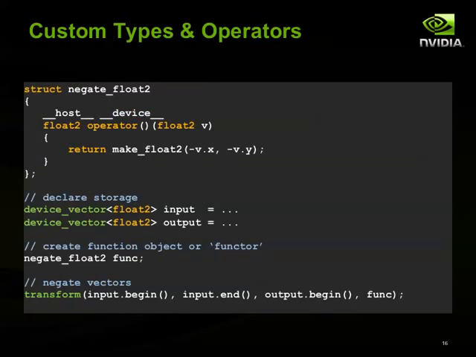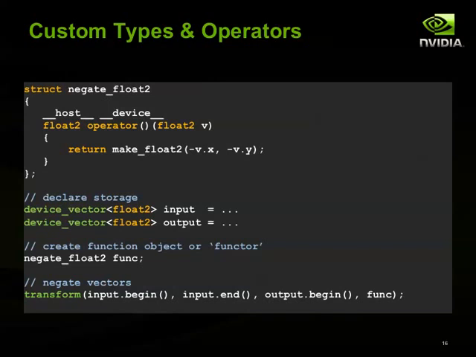Okay, so now we'll get to customize things. Before we looked at cases where we would change some of the default arguments or use a built-in operator to change the reduction from summing to taking the product of numbers. In this case, we can use customized types. So we're not using float, but we're using float2, a pair of floating point numbers.